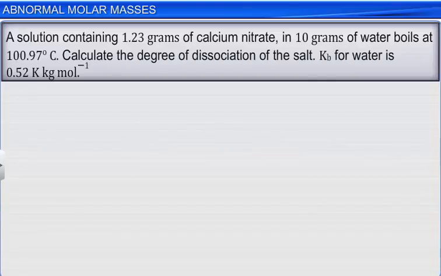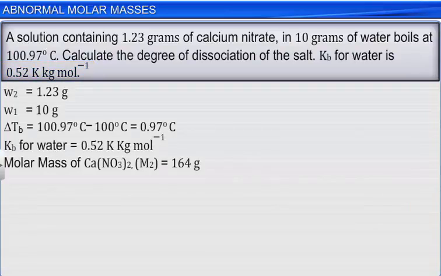Let us now solve a numerical problem based on the dissociation property of the solute. A solution containing 1.23 grams of calcium nitrate in 10 grams of water boils at 100.97 degrees centigrade. Calculate the degree of dissociation of the salt. Kb for water is 0.52 Kelvin kilogram per mole. The first step is to list the given variables.